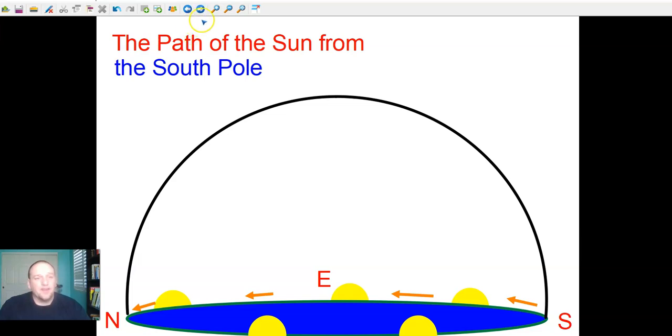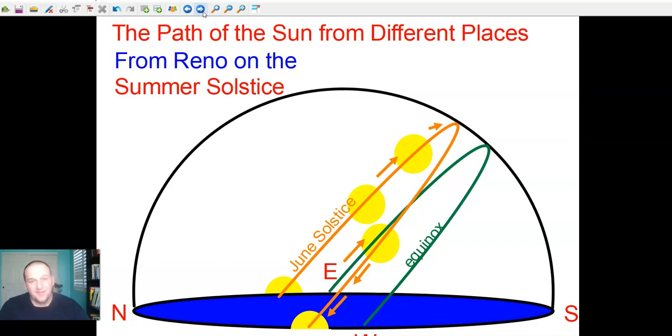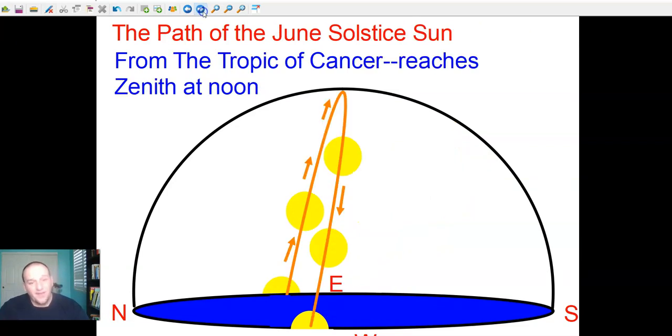We also see really interesting things with the solstice suns. So let's start by talking about the June solstice. The June solstice sun, again, in Reno or Sparks, rises north of east, goes high in the sky, and sets north of west. Well, if we start to make our way south towards the equator, we see the same tilting of this sun's path up towards the top of the sky.